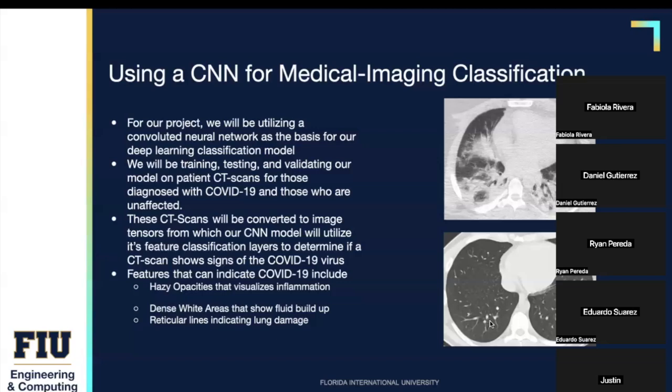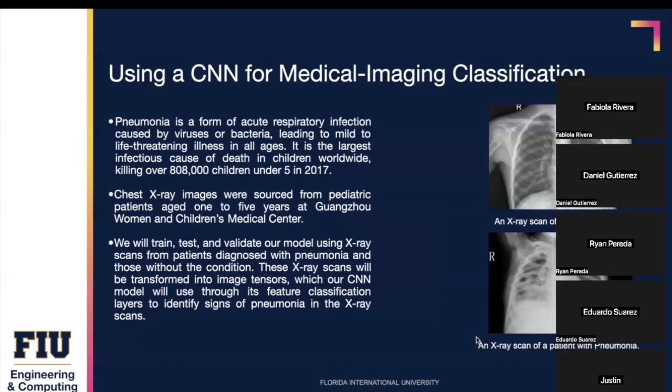These indicators include hazy opacities, which visualize inflammation, dense white areas, which indicate fluid buildup, and reticular lines, which suggest lung damage.